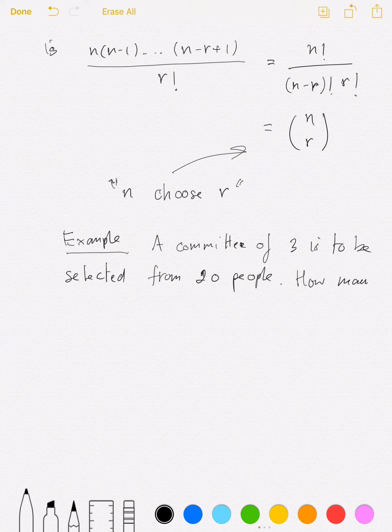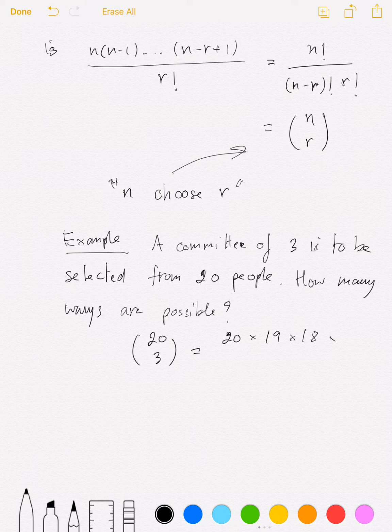How many ways are possible? Easy, right? It's just 20 choose 3. And when you write it out, it's 20 times 19 times 18 times 17 factorial, over 17 factorial times 3 times 2 times 1.